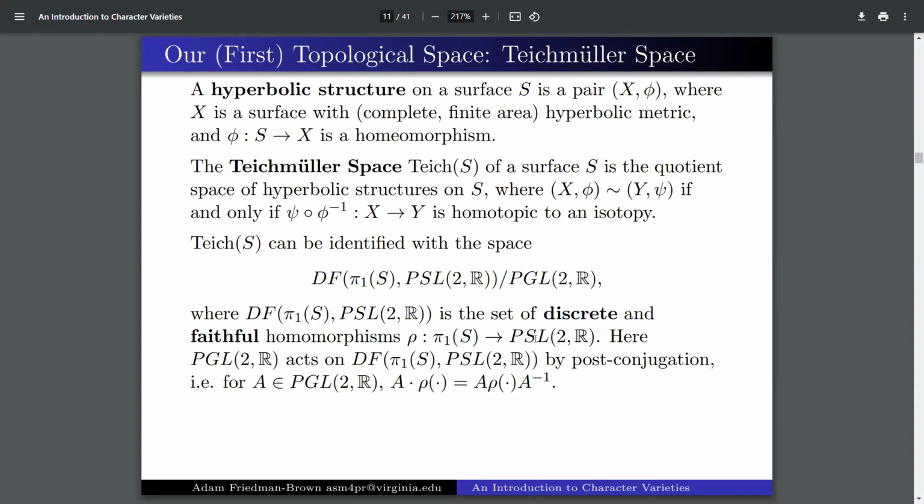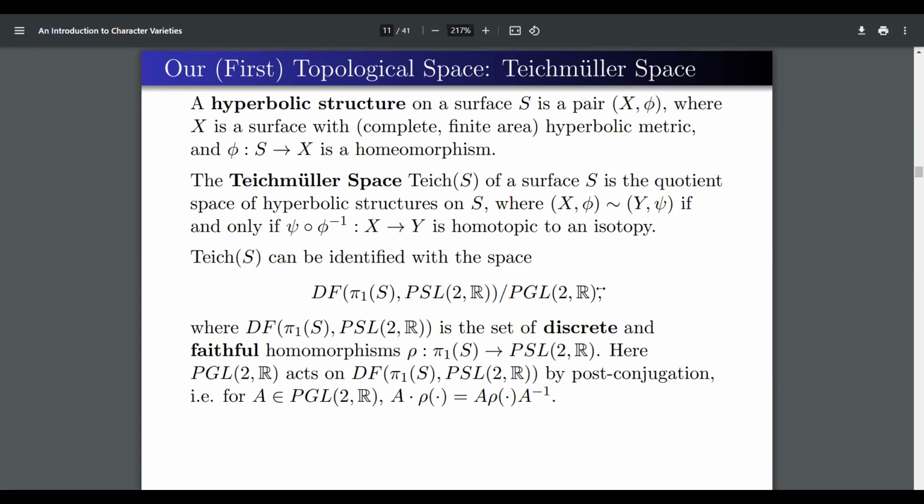Each point is isolated from any other point in the image. But anyways, the action of PGL2R on here is by post-conjugation. If you have some matrix in PGL2R, where PGL2R is just GL2R mod the center of it. So GL2R mod all diagonal matrices.